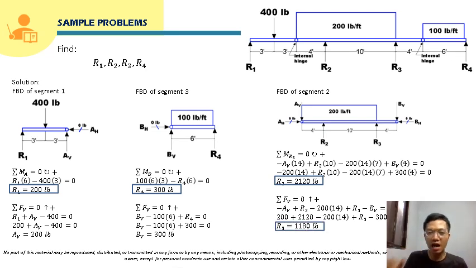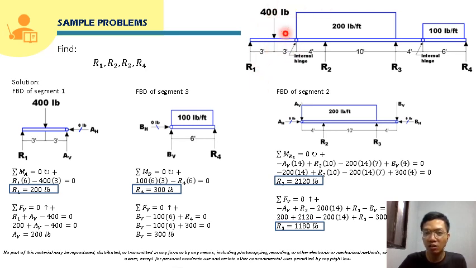Here we already solved for R1, R2, R3, and R4. The way for us to check if these answers are right is to sum up all these reaction forces. That will just be R1 plus R2 plus R3 plus R4, and that should be equal to the resultant of the applied loads.